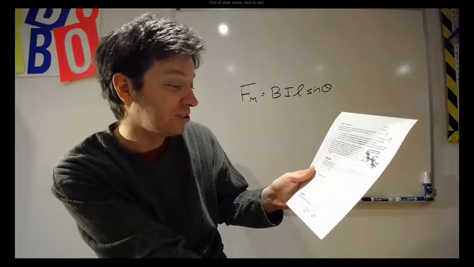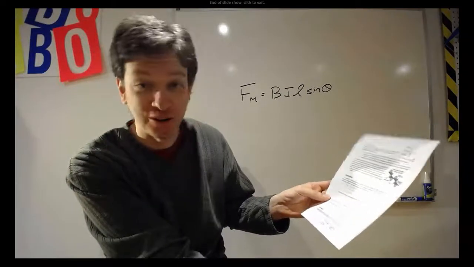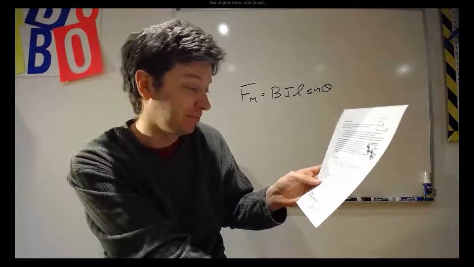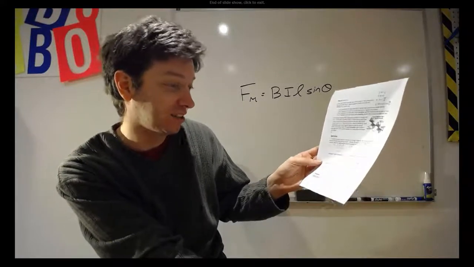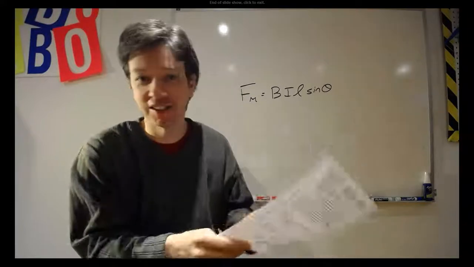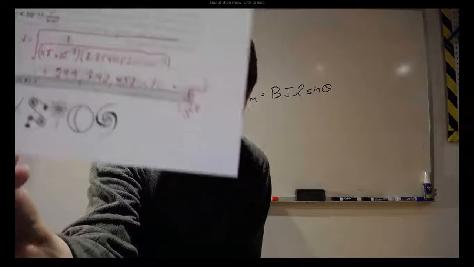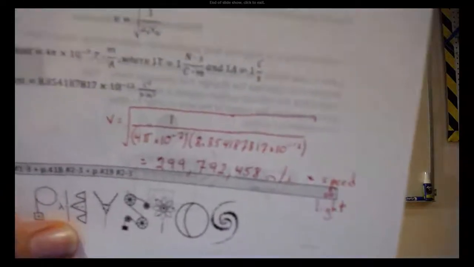We have mu naught, which is the magnetic constant, also called the permeability of free space, which we'll get to in another lesson, and epsilon naught, which is the electric constant. And if we plug in that equation, just like they did more than 100 years ago, they got that as the speed, which is exactly equal to the speed of light.